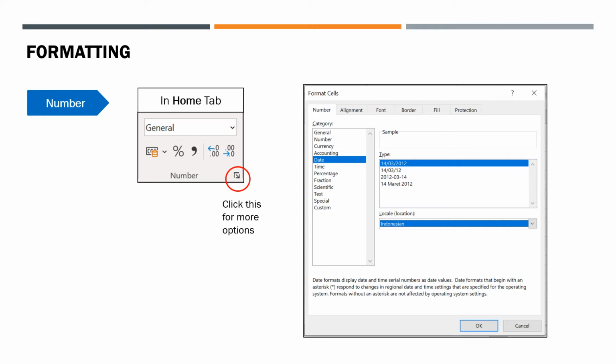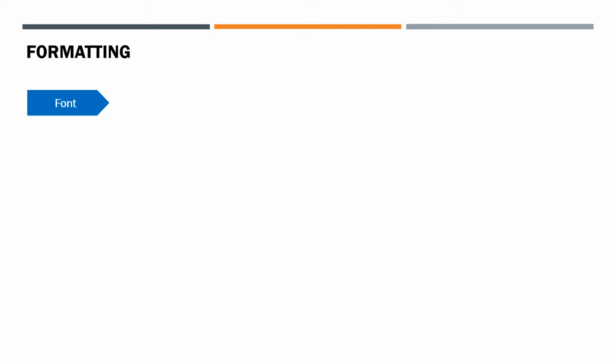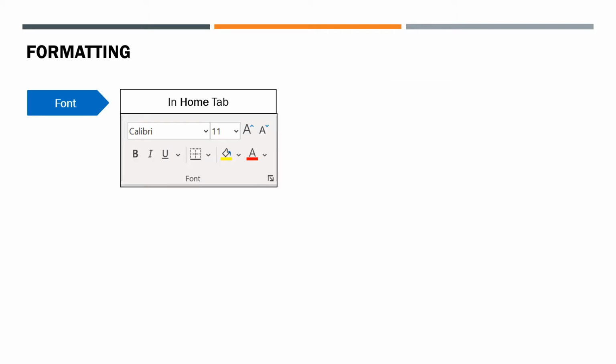And you can also format the number, currency, accounting, time, percentage. This is basically the style that you want to show in your worksheet. And you can also format your font for your worksheet appearance. For instance, you are going to choose Calibri, the size is 11.